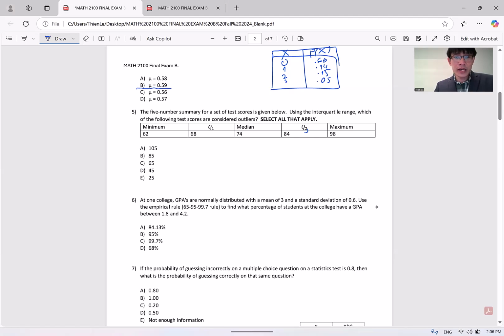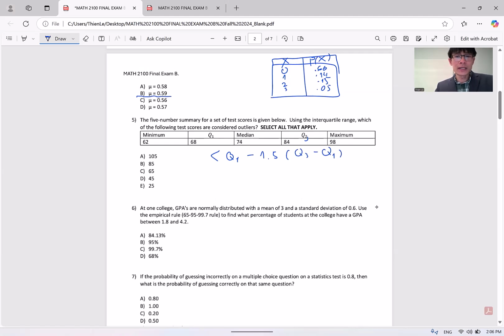The way we define an outlier is any value less than Q1 minus 1.5 times the interquartile range, which is Q3 minus Q1, or any value bigger than Q3 plus 1.5 times the interquartile range. We call these outliers. Here I select all that apply.